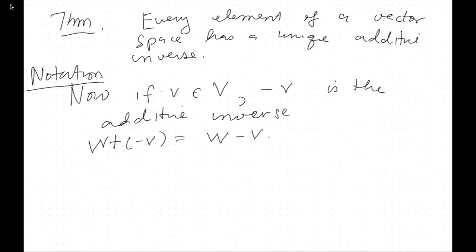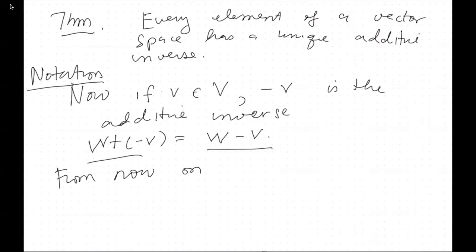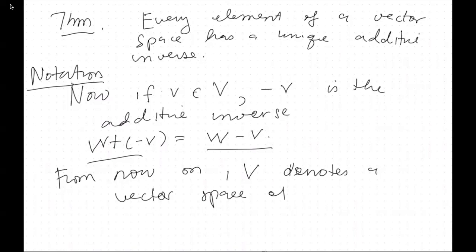So we write this one as this one for easy notation. So from now on, we fix V to denote a vector space over our field F. If I fail to mention, this is our convention.